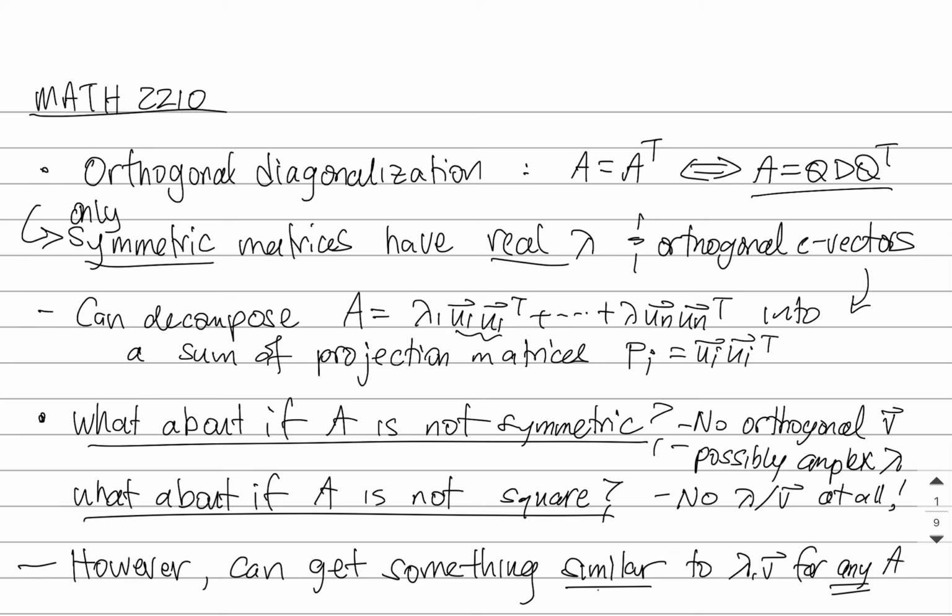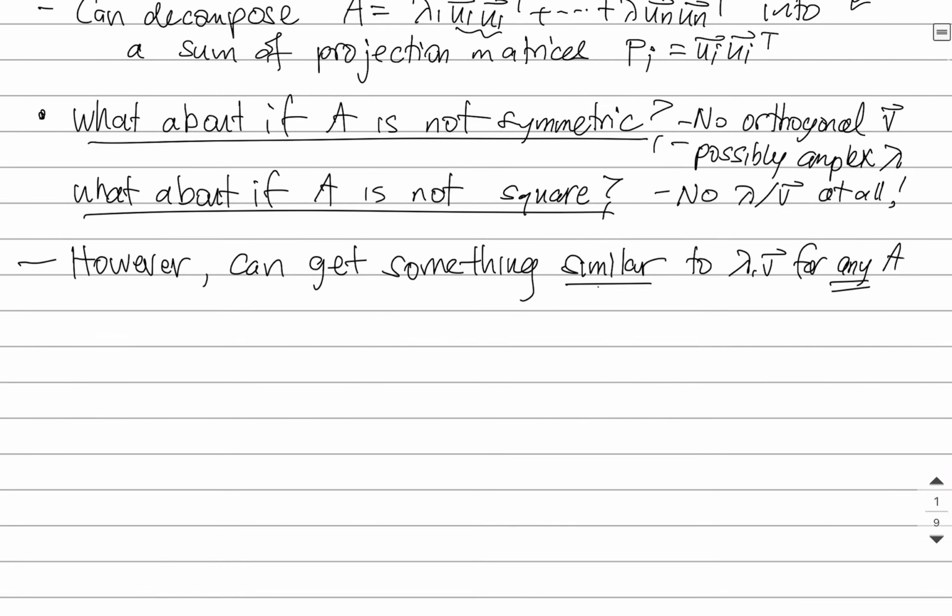So what is this? How do we get something useful? It all stems from this observation. If I take a matrix A, and let's say it's m by n, then to put things into a geometric perspective, this transformation maps Rn into Rm.